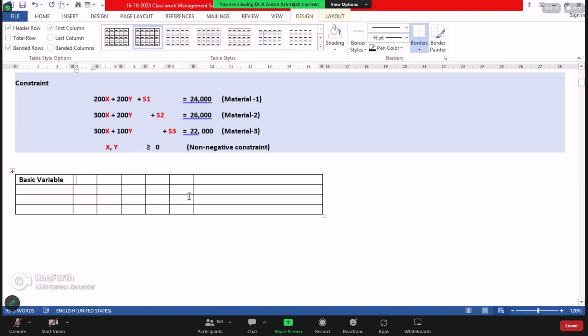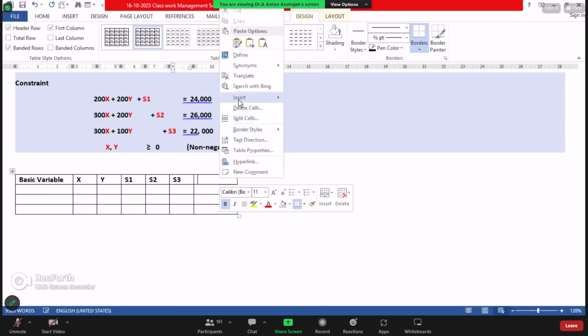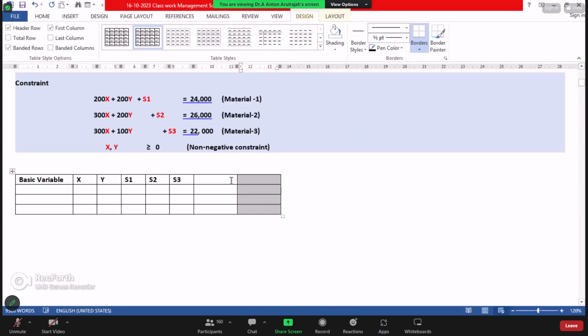This is X, this is Y, this is S1, this is S2, and this is S3. Also a column for solution and another column for ratio.